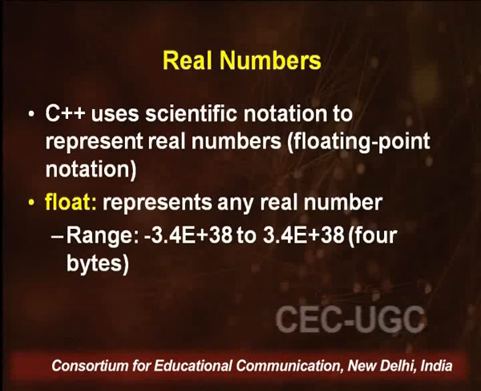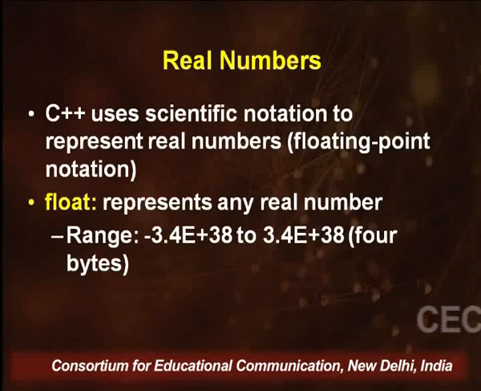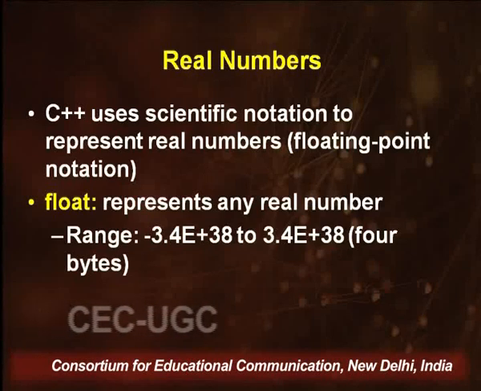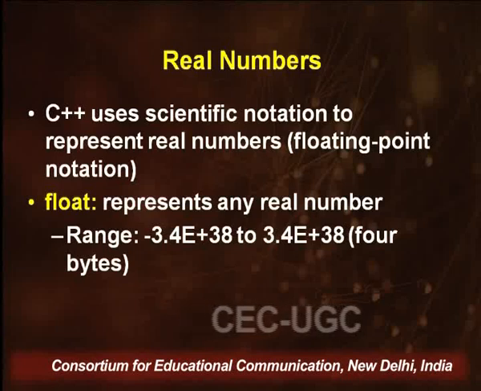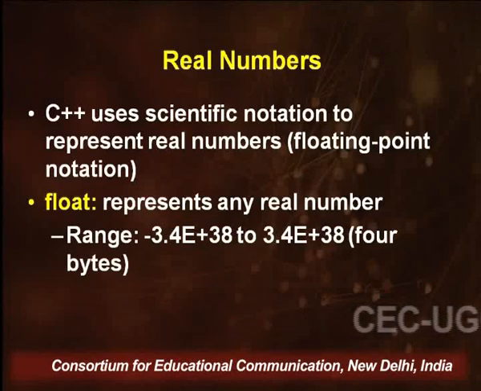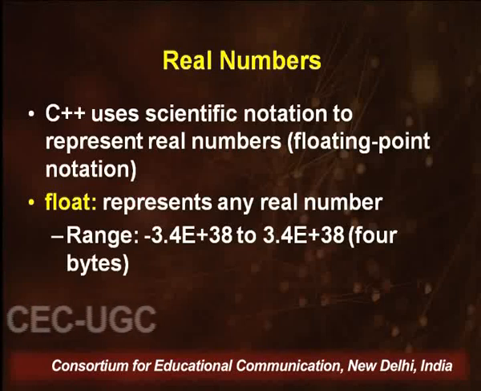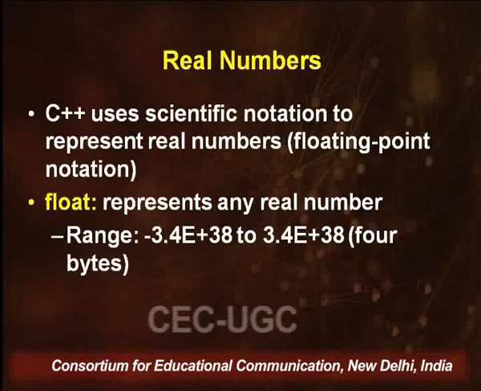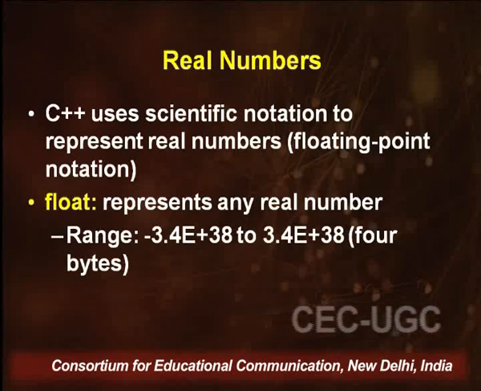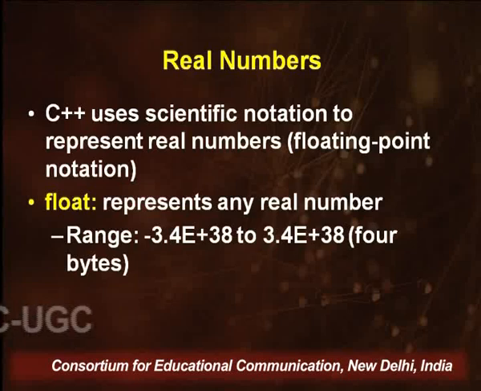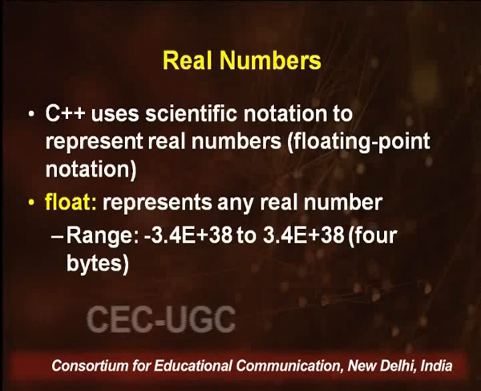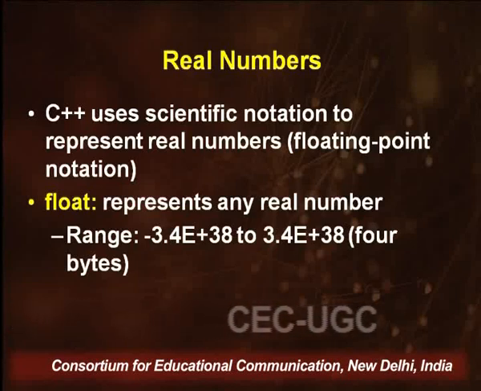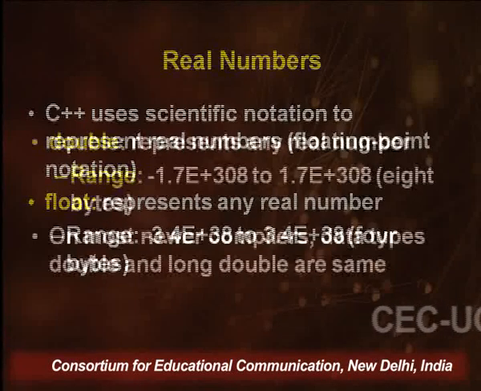The simplest data type available is float, whose range is from minus 3.4 e to the power 38 to 3.4 e to the power 38, and whenever I declare a float variable, memory of 4 bytes is going to be reserved for it, because the size of the float data type is 4 bytes.